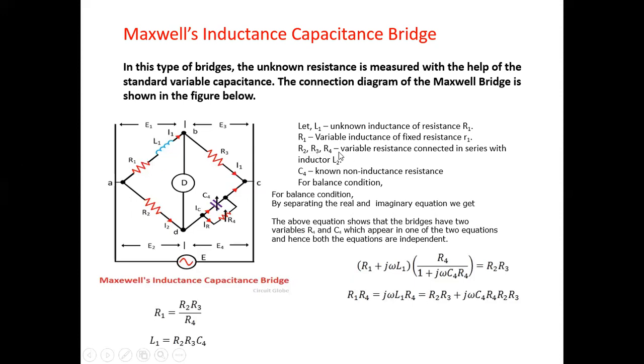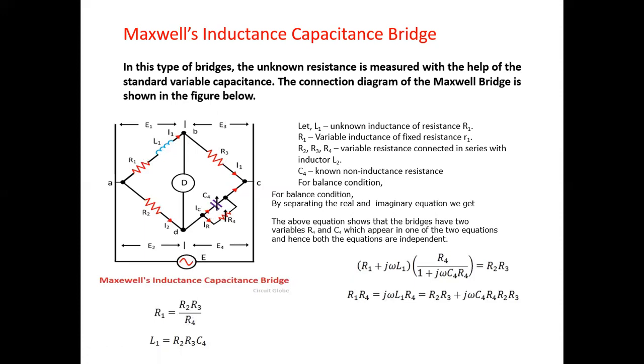R2, R3 and R4 are variable resistances, and C4 is the variable capacitance. Now we can find the value of R1 and L1 by using the bridge balance condition.